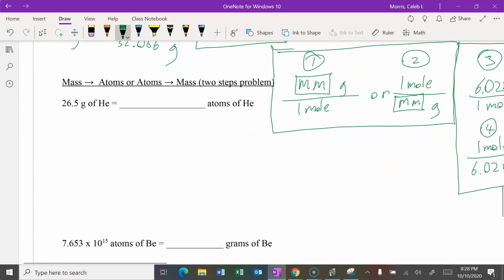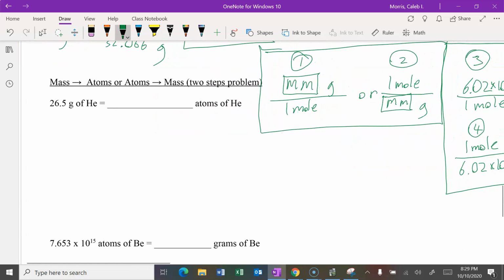Now we've got a couple problems where we're going to have to use 2 different conversion factors. So I'm starting out with 26.5 grams of helium. Now there's only one of these choices that would cancel out grams. Which one is that?